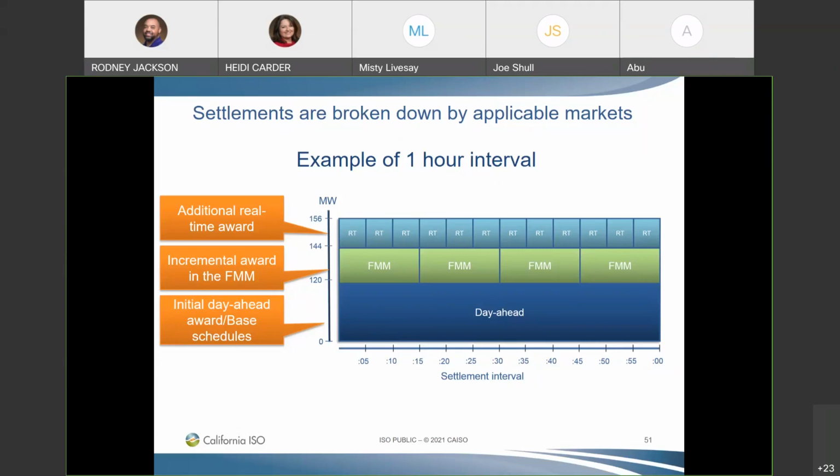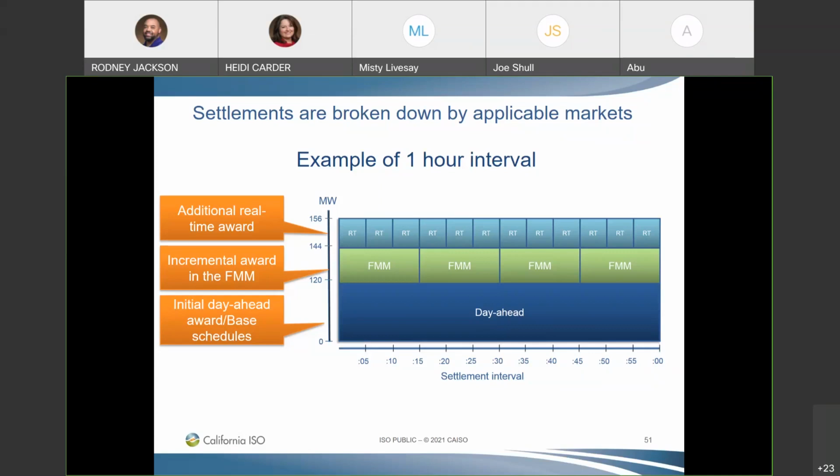Now, again, this is a very simplified example of what happens with the transaction from the initial day-ahead award to the incremental FMM and then the real-time dispatch awards, and each that occurs will be listed separately on the statement. Of course, there are a lot more settlements than this example provides, since each transaction is accounted for separately, based on the detailed calculations that we'll talk about in the coming slides.